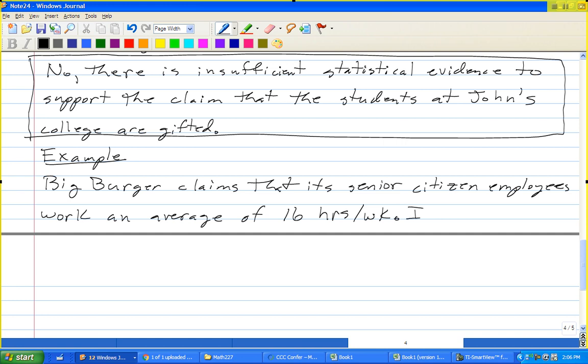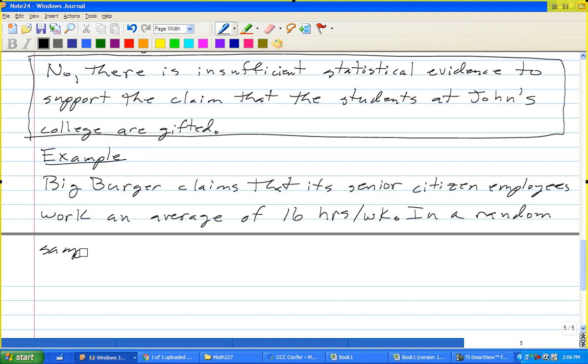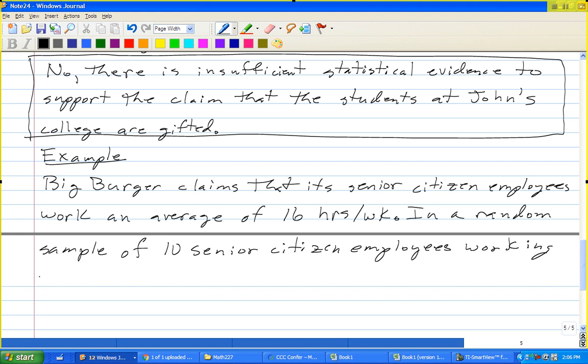In a random sample of 10 senior citizen employees working in the area Big Burger outlets.